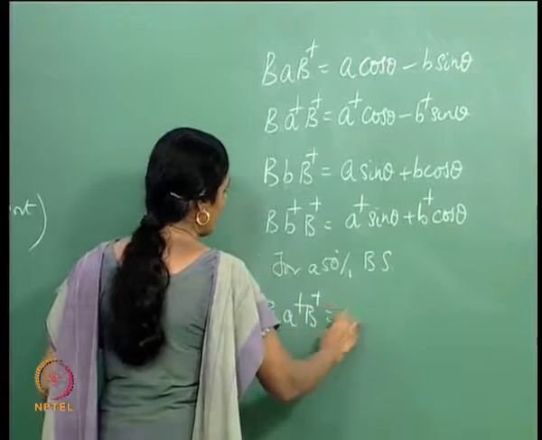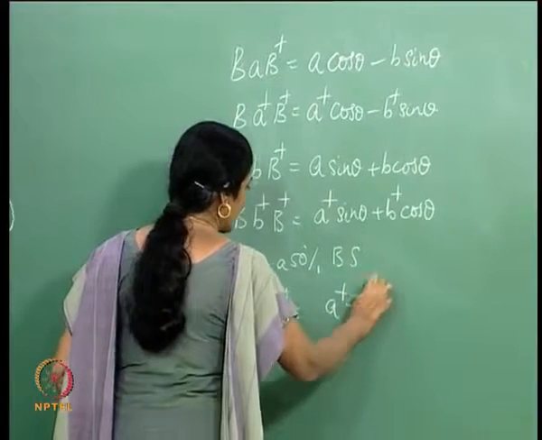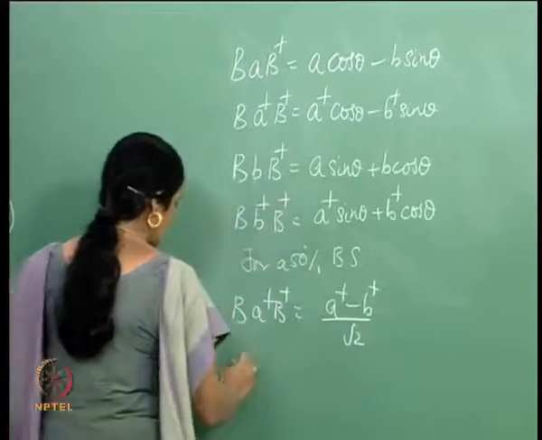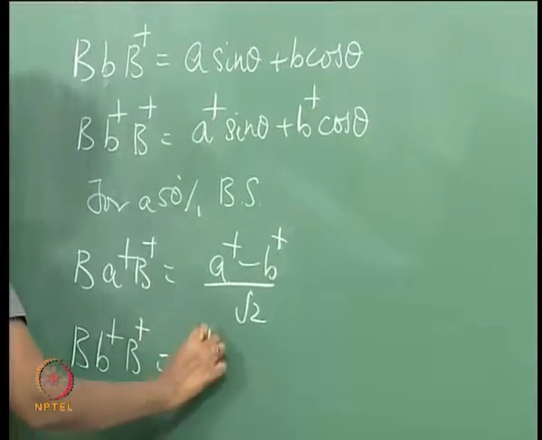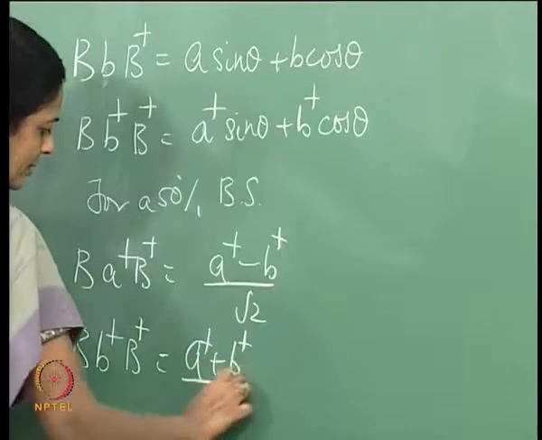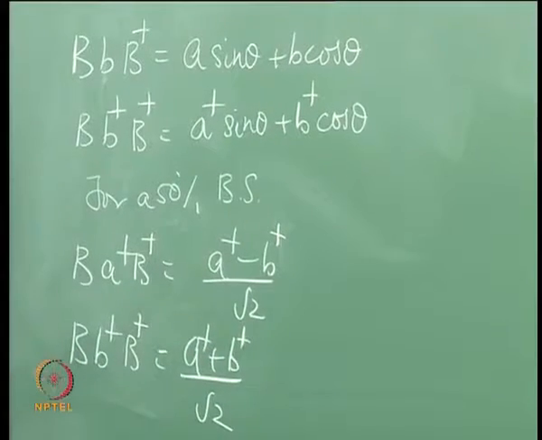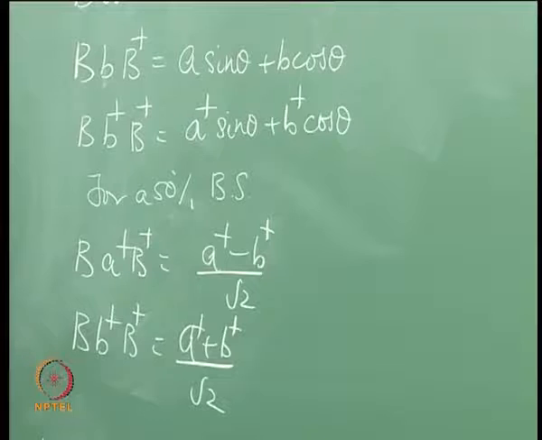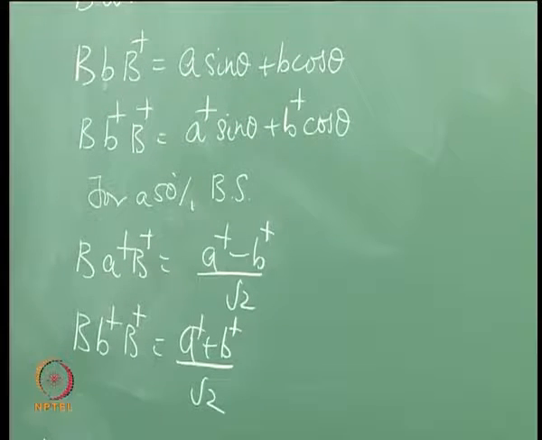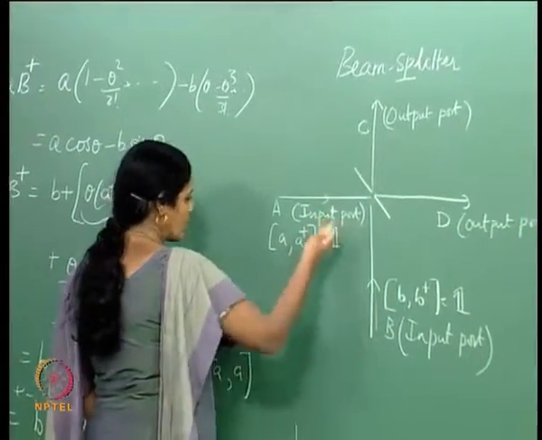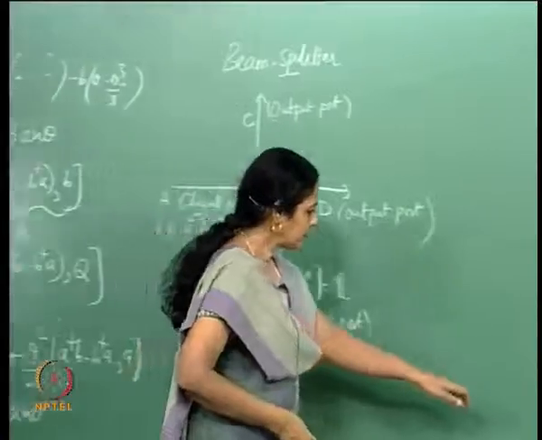I just have the following: A dagger minus B dagger by root 2, and similarly, this object is A dagger plus B dagger by root 2. So, these are basic preliminaries that I need in order to see what happens to various photon number states which are put through these input ports.